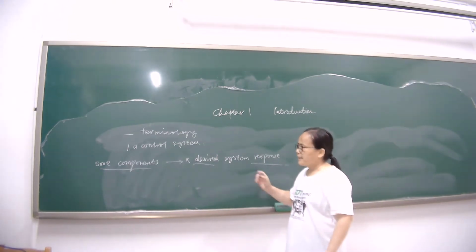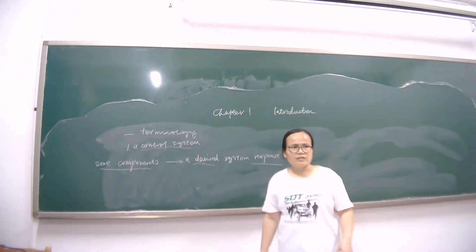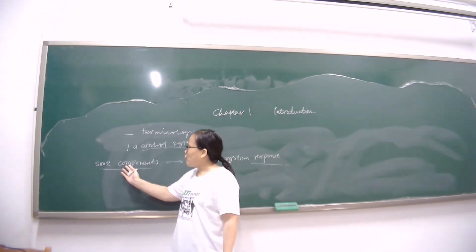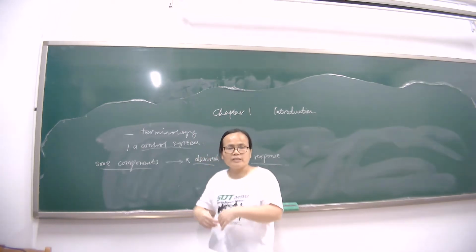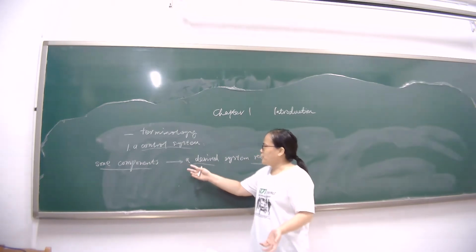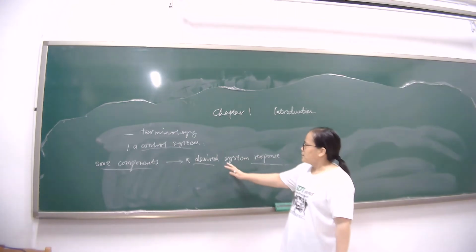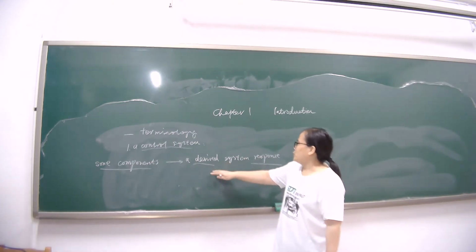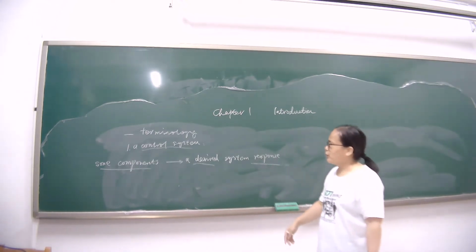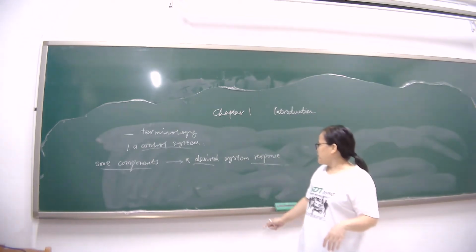Now, the first technology is the control system. A control system includes these components, whose interconnection is introduced, to finish or achieve this desired response, so that we can get the desired system response.